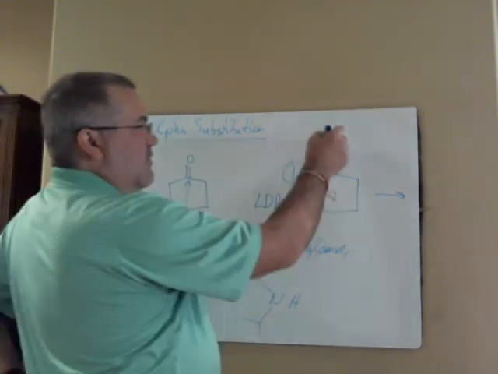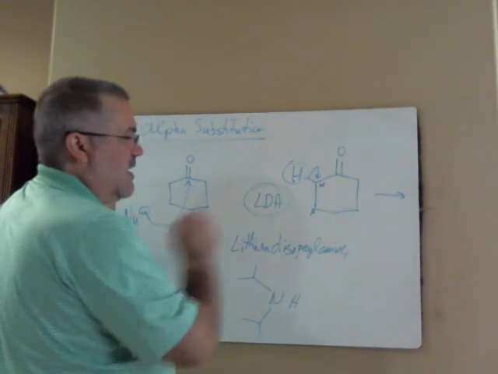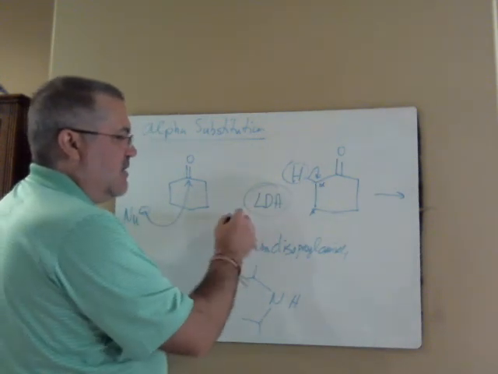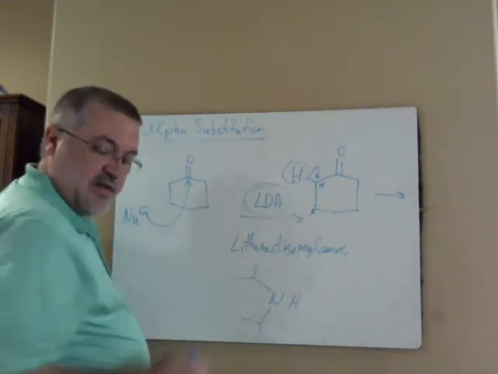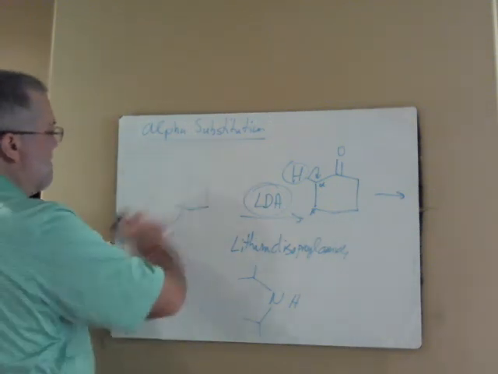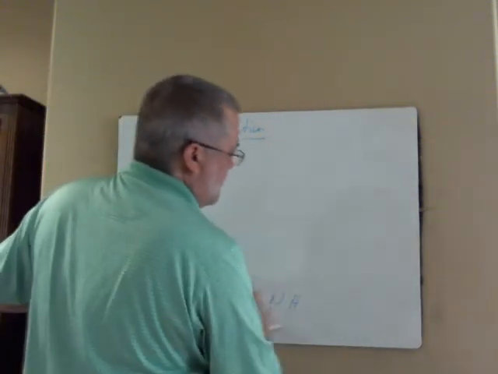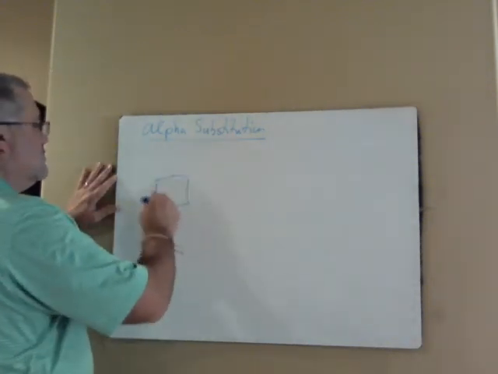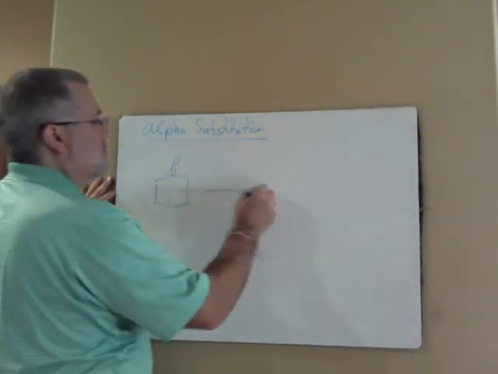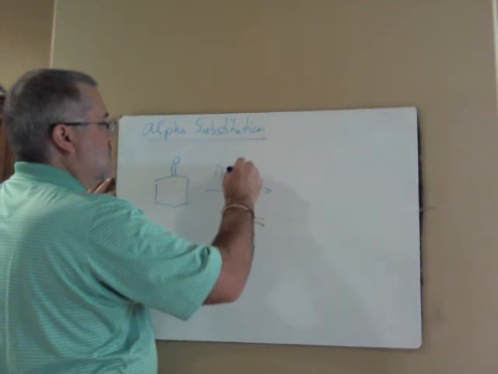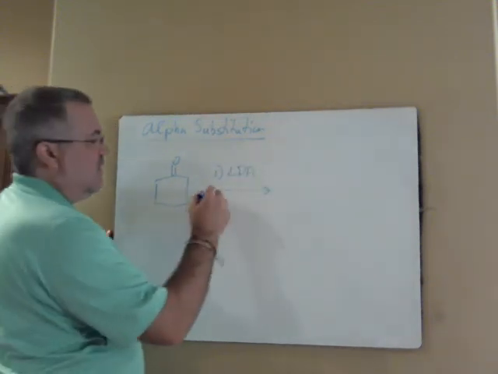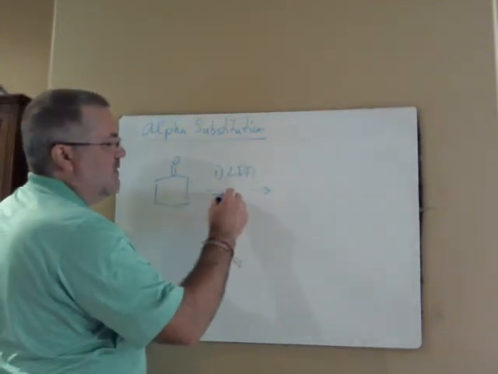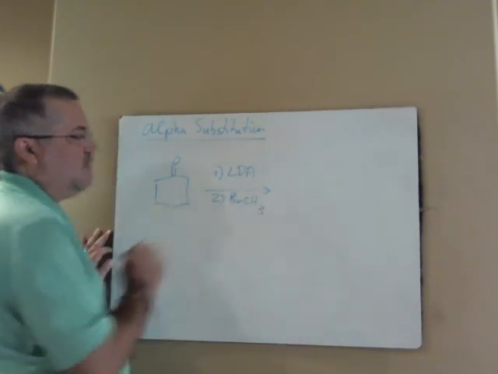So if you ever see a carbonyl compound and an LDA base, and then there's an electrophile underneath it, let me write an example. On the arrow, you'd see LDA, and then you'd see some electrophilic species.